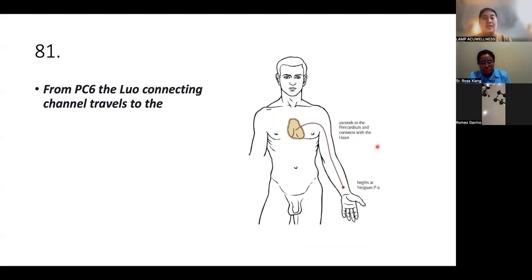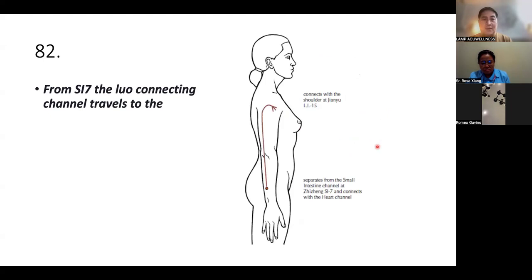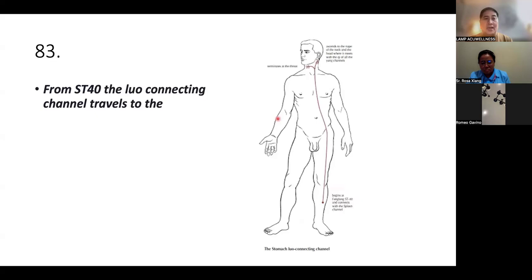Lumbar. From PC6, the loop connecting channel travels to the pericardium and the heart. Yes. From SI7, the loop connecting channel travels to the shoulder. From ST40, the loop connecting channel travels to the nape of neck, head, and throat.